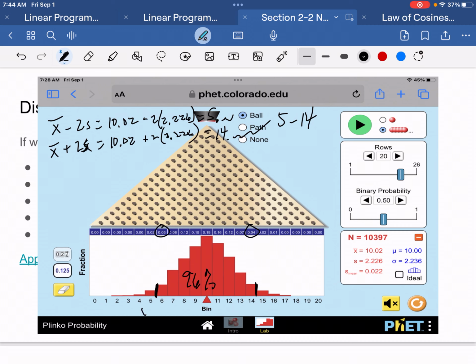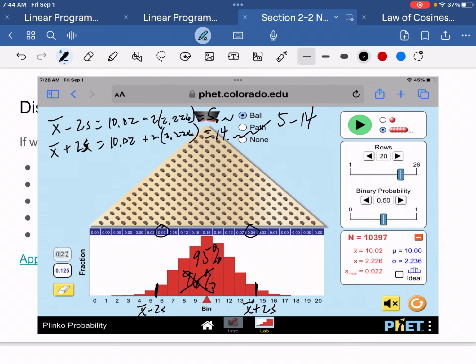Okay, so this is x bar minus 2 standard deviations, and this is x bar plus 2 standard deviations. Well, normal distributions over time usually say that about 95% of your data is going to fall between those two values.